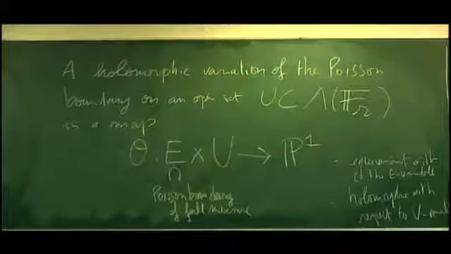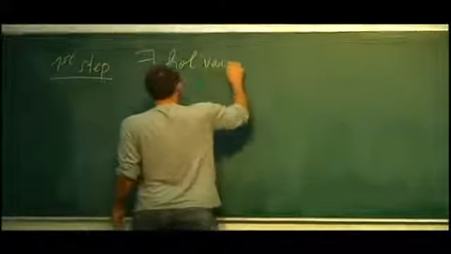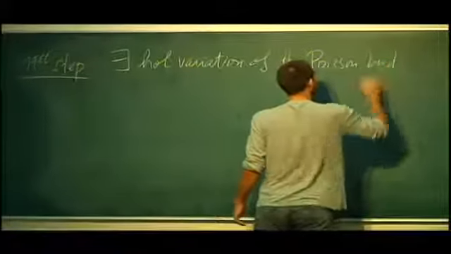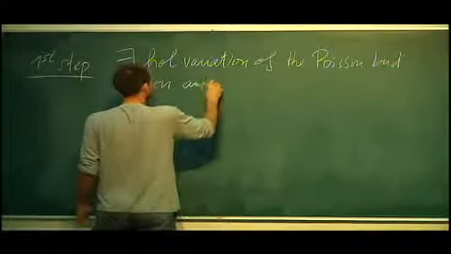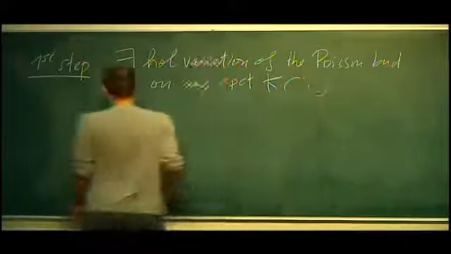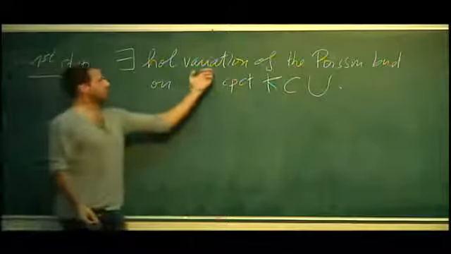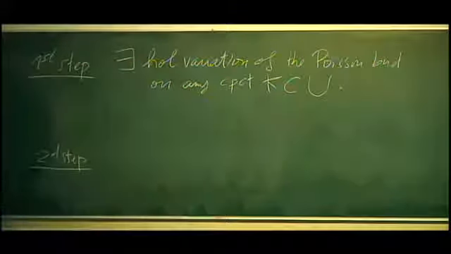First step: we prove that under this hypothesis, if the bifurcation current vanishes on U, then in fact there exists a holomorphic variation of the Poisson boundary on any compact subset of U. And second step, we prove that a holomorphic variation of this Poisson boundary is indeed a holomorphic motion.